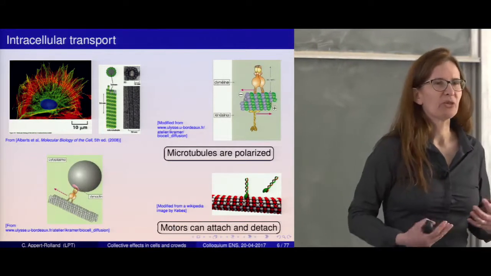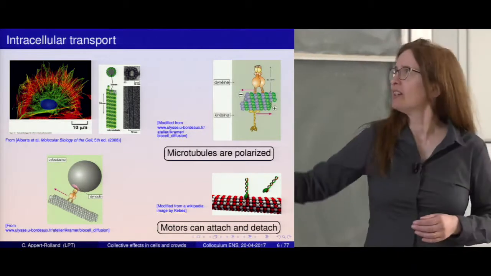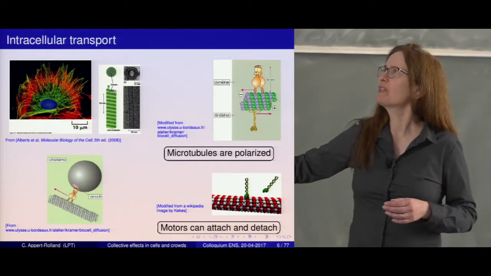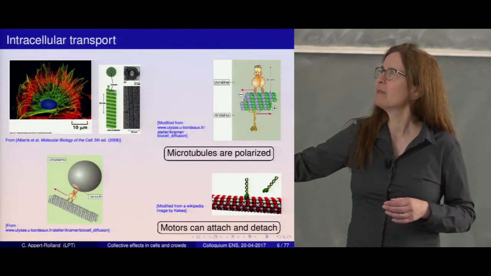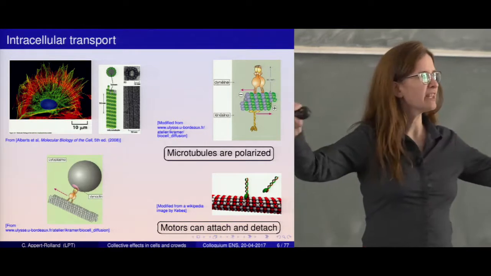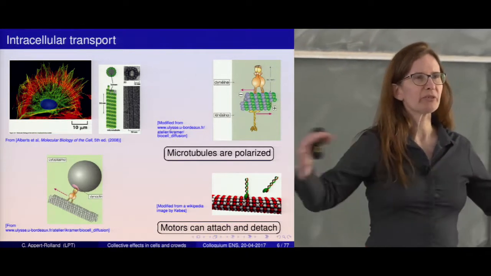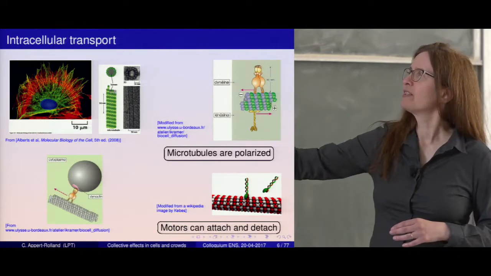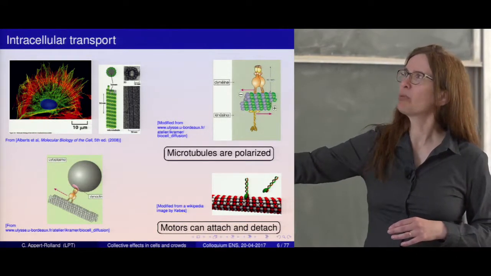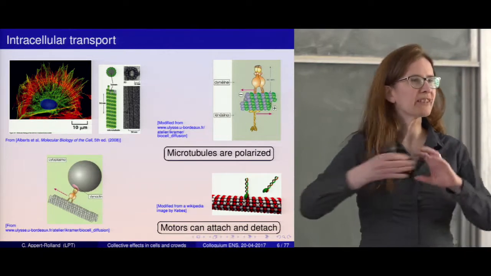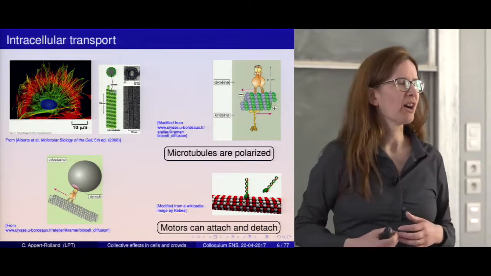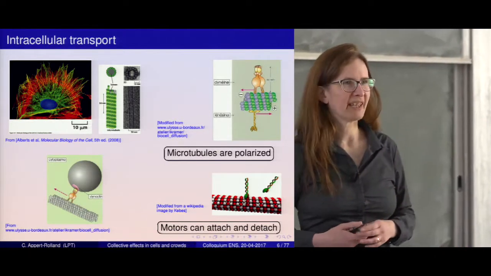How is this done? You have some roads. Here is the network inside the cell. So in blue, it's DNA, it's a nucleus. Then you have some filaments radiating from the center to the outside of the cell, which are the microtubules. So microtubules are polymers like stiff cylinders, which are somehow the highways in the cell.